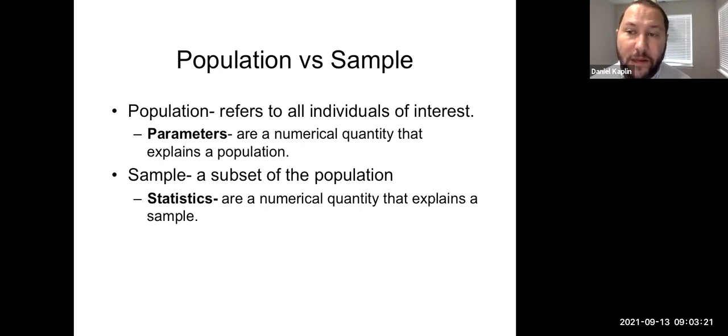So the formula is slightly different when you have a sample relative to a population. And I think that's important to say now so that you can anticipate in later lessons that the formula is going to be slightly different. All right.